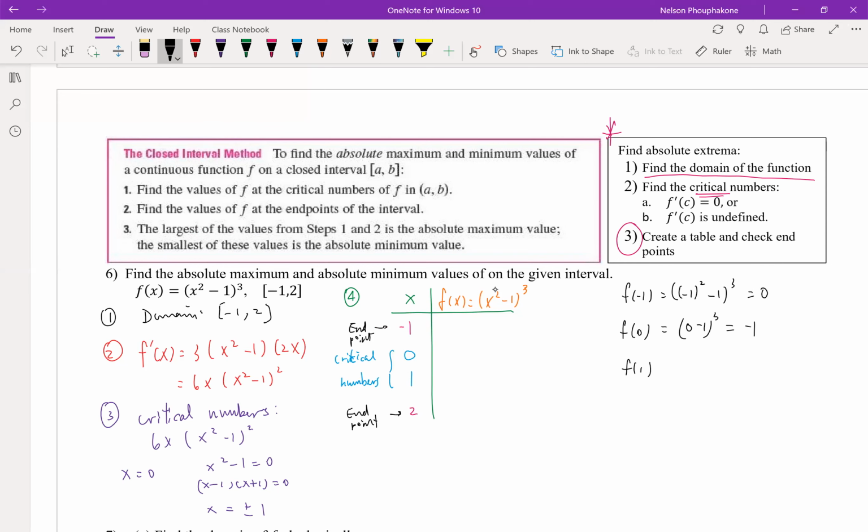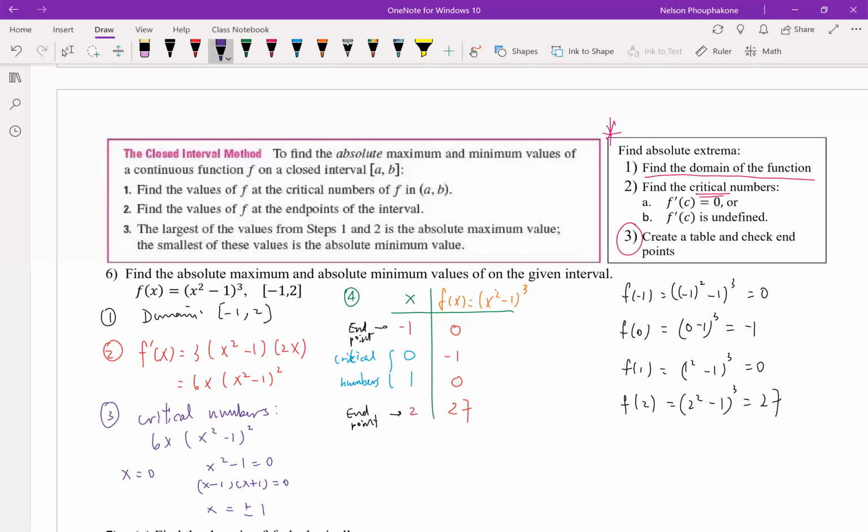Then f of 1: 1 squared minus 1 to the cube, again 0. Then f of 2: 2 squared minus 1, so it's 27, right? So then now I have 0, -1, 0, 27.